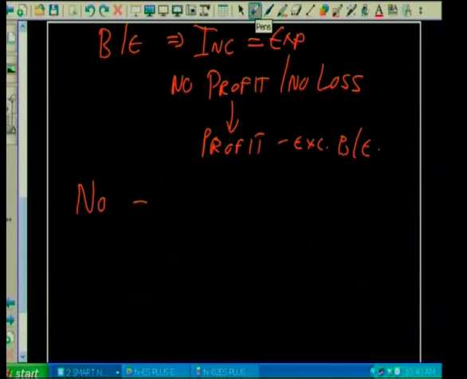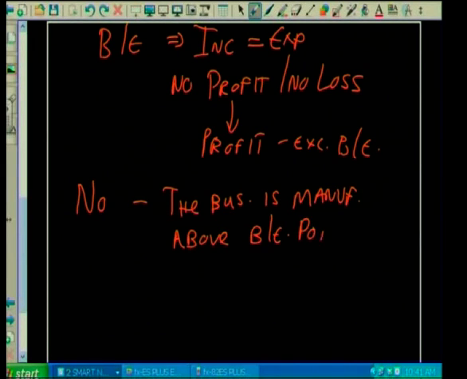And the reason being, the business is manufacturing above the break-even point. And remember, the question wanted you to quote certain figures. Guys, I know I'm abbreviating here, but I want to try and complete this question.